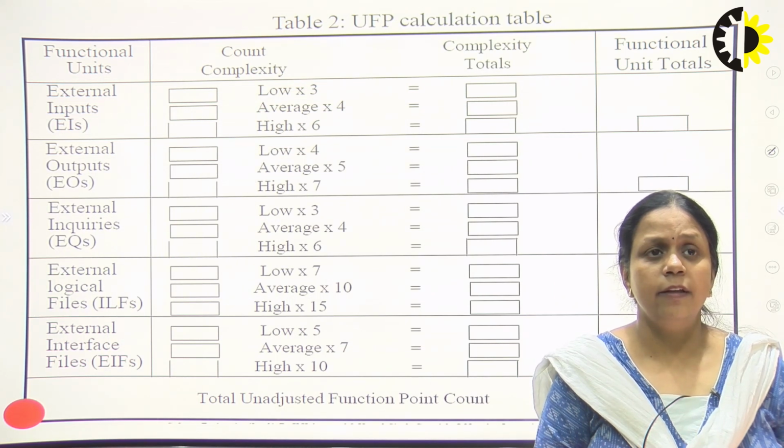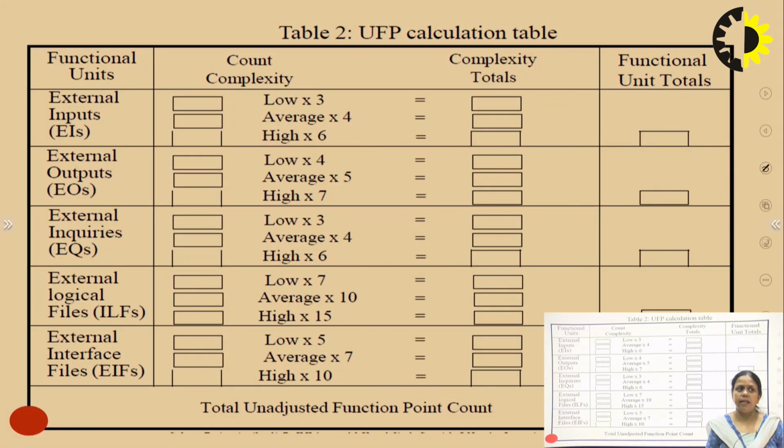This is the calculation matrix we can see here. Firstly we will see the functional units, external inputs, where if the value of the external inputs is low, then the value will be 3. If the value is average, then we have value 4.